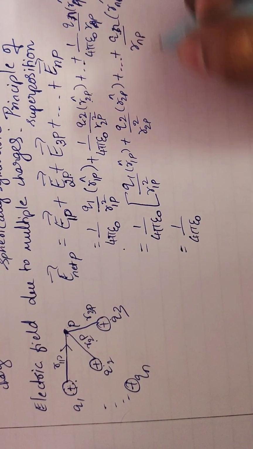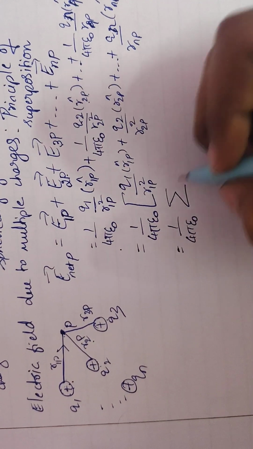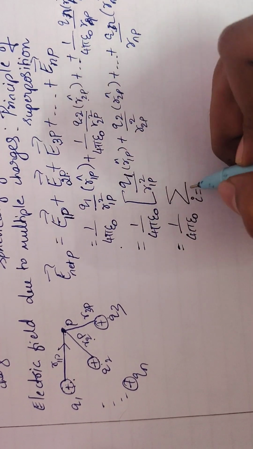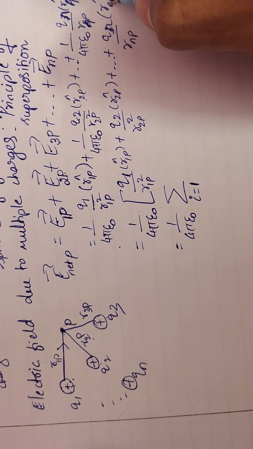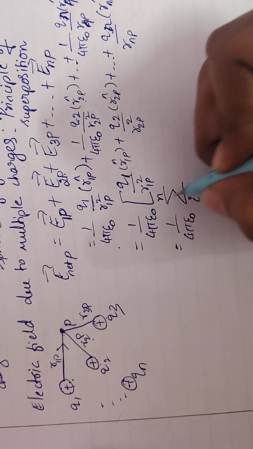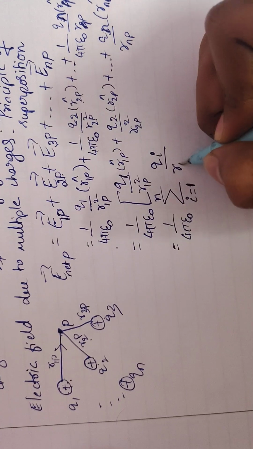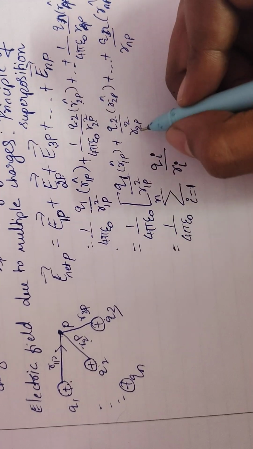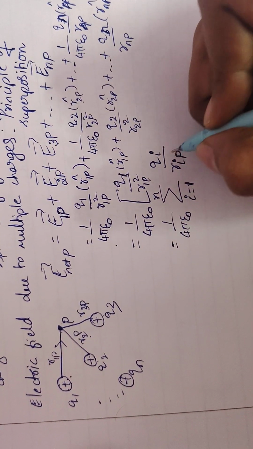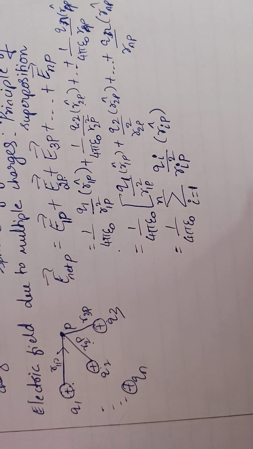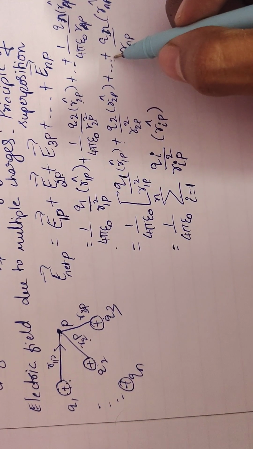This whole term I can simplify using summation symbol. Give one alphabet I. From where it starts? I starts from 1 and it goes on till n. Okay, I starting from 1 to n, qi divided by rip square into rip cap, this p is constant in all the terms. Okay, the summation sign just indicates the plus sign.